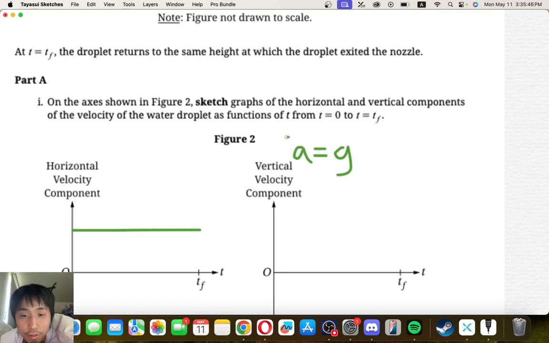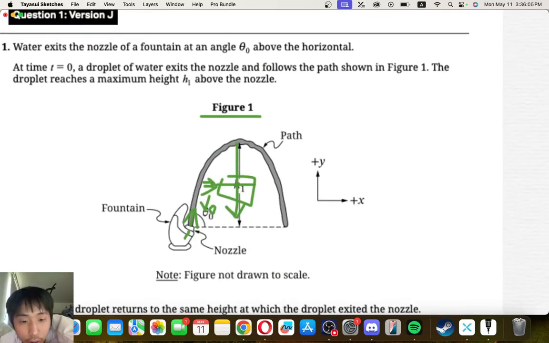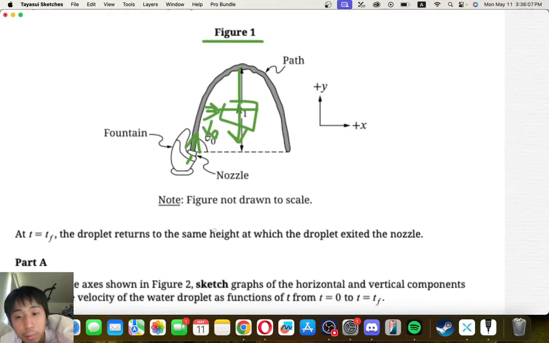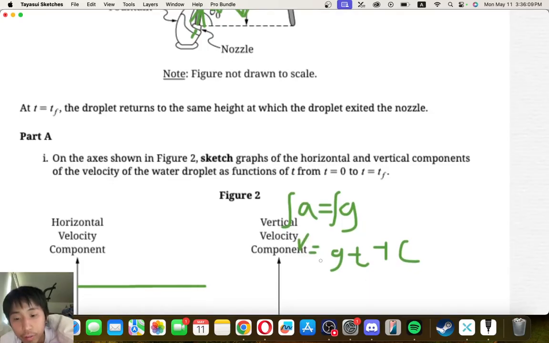So we take the integral, we get velocity equals gt, and this is a linear line, plus c, can't forget. And we know that for the vertical, since it's initially going upwards, c is a positive number and g is a negative number.